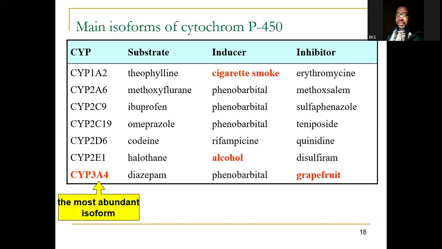Who is taking a cigarette. And that person eventually is now to take a drug, theophylline, which will be metabolized by cytochrome P450, maybe due to a lung problem.